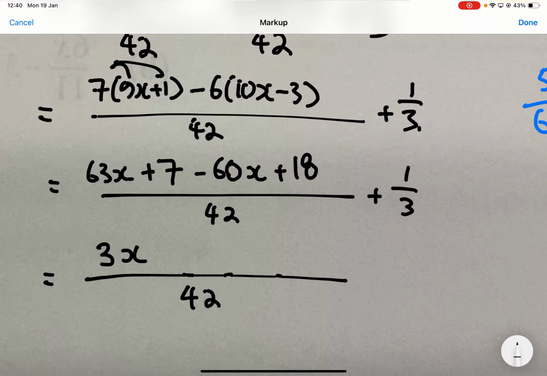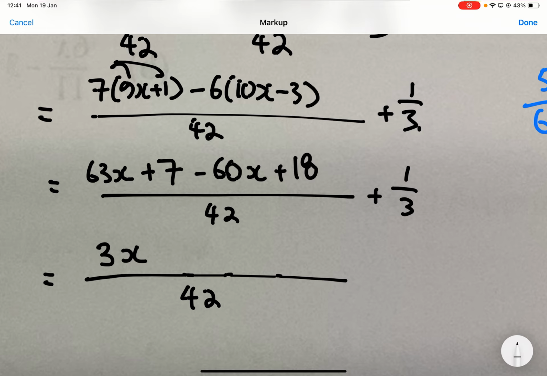This one must be plus because minus 6 times of negative 3. 6 times negative 3 is negative 18. So when I minus negative 18, it will become plus. So this minus must give to the front, must give to the back. Minus give to positive, that's why become minus.